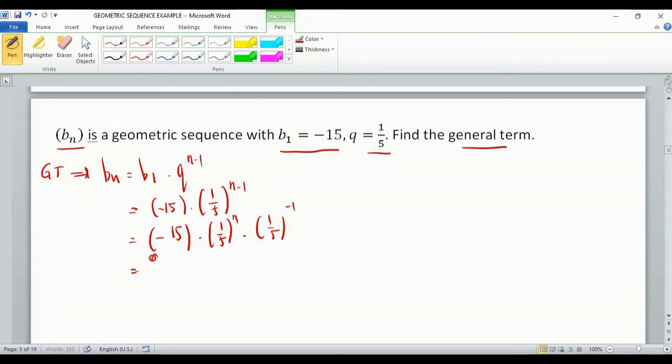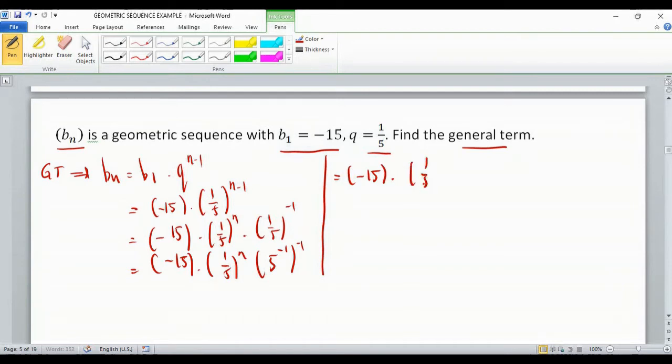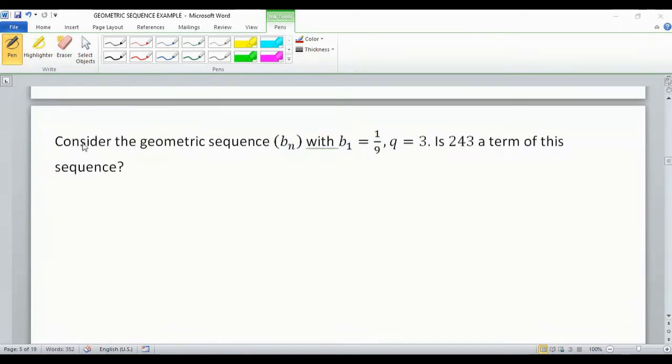So we want to change the form of 1 over 5. 1 over 5 is 5 power minus 1, times minus 1 from the exponent. So we can rewrite minus 15 times 1 over 5 power n minus 1: 5 power minus 1 times minus 1 is equal to 5. So this one is equal to minus 75 times 1 over 5 power n.